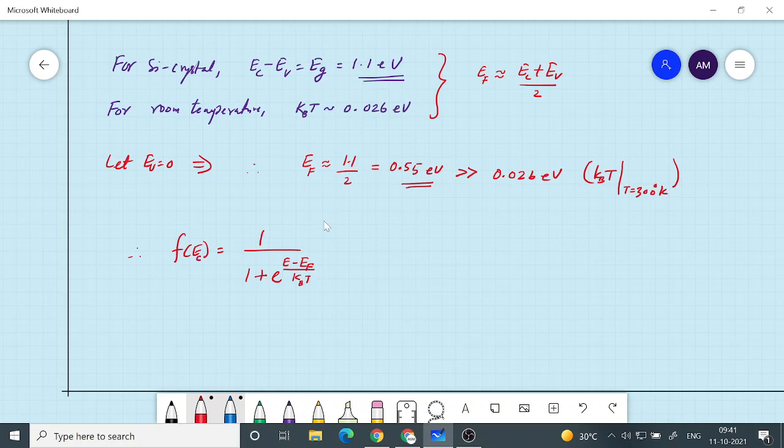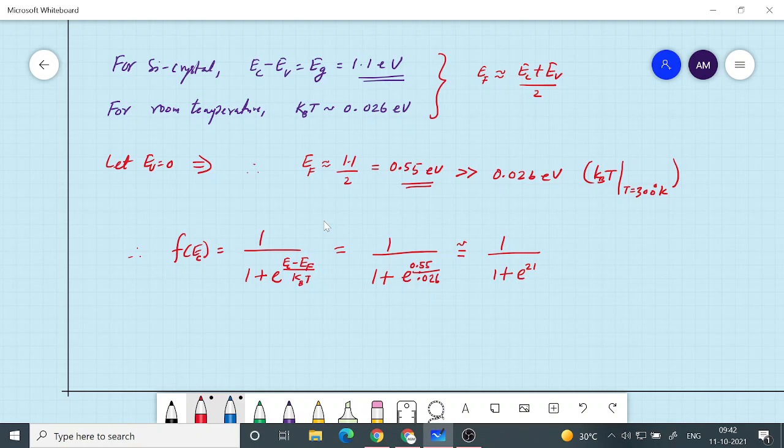Okay, so if I take this as EC, EC minus EF is around 0.55, so this is 1 by 1 plus e raised to 0.55 electron volt divided by 0.026 electron volt. So if I do this, then 0.55 divided by 0.026 is around 21. So roughly this is around 1 by 1 plus e raised to 21.